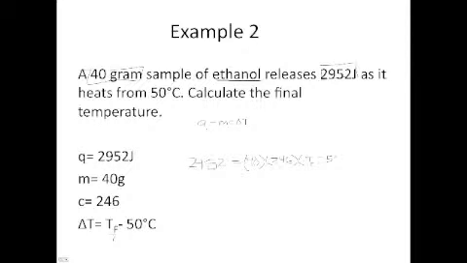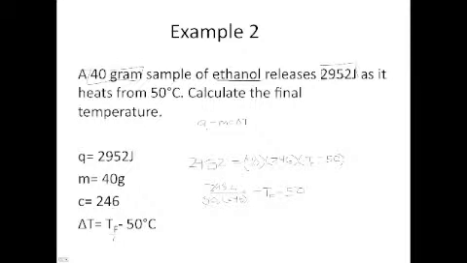So you're just going to solve this algebraically. You're going to do 2,952 divided by your 40 times your 246, and then that's going to leave you with your temperature final minus 50, which is your temperature initial.